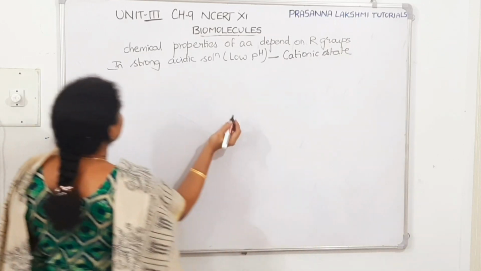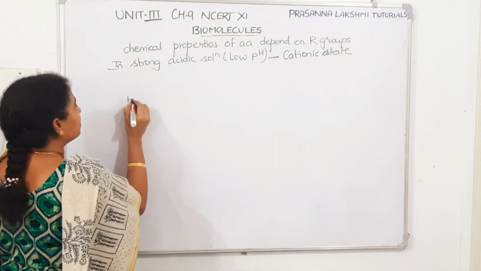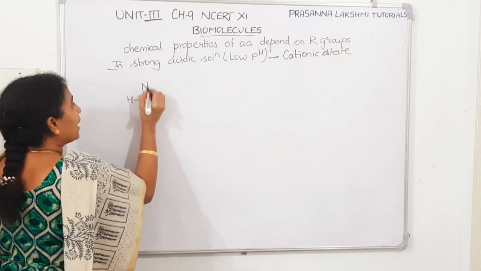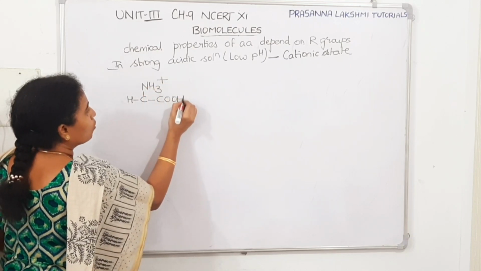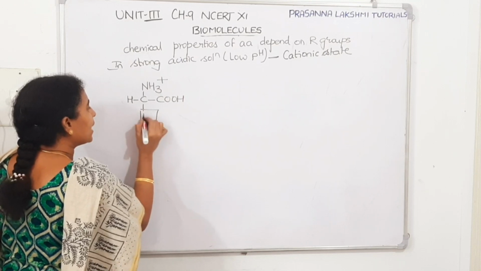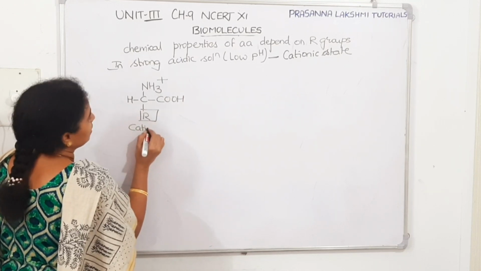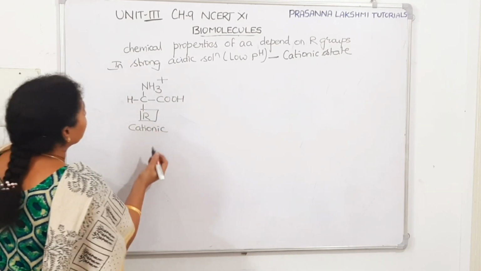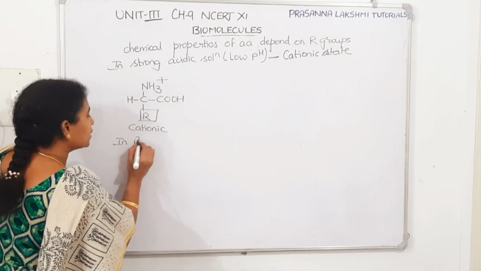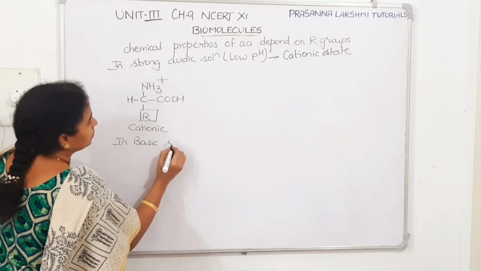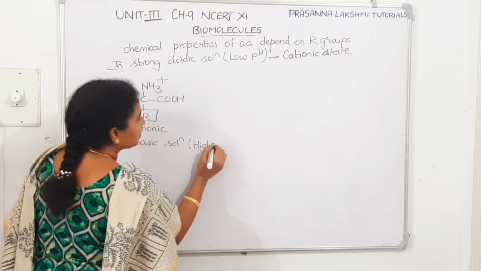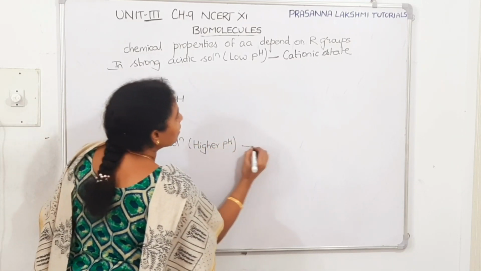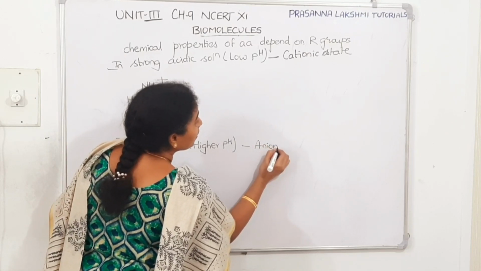The cationic state can be represented by NH3 plus, COOH, and here is the R group. This is the cationic state. And in basic solution, meaning at higher pH, the amino acid becomes anionic.